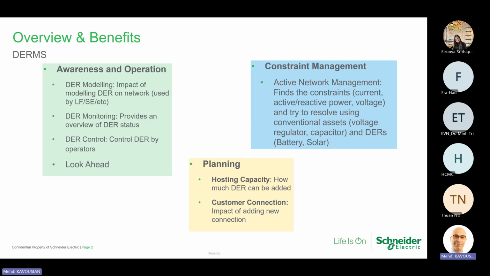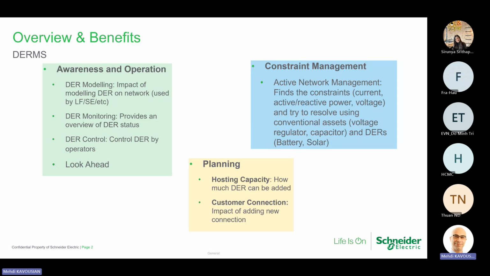Then we have this module for planning. Planning means you have a network already, and you want to see how, for example in the next 3 years, your DER concentration will change. Instead of one solar panel every 10 houses, in 2 or 3 years you might have 3 houses.